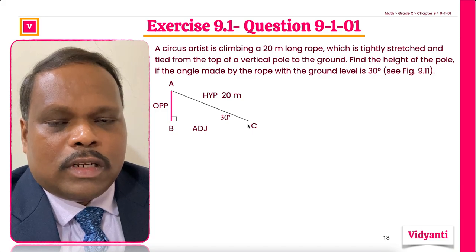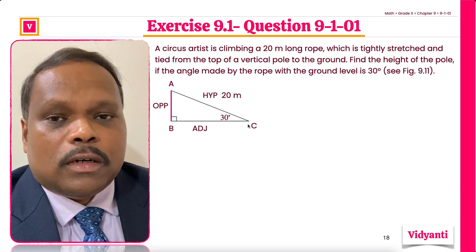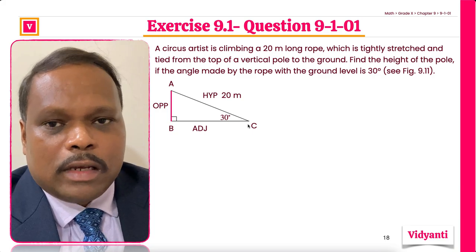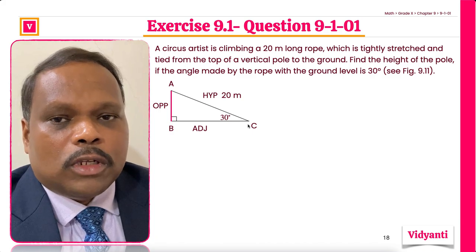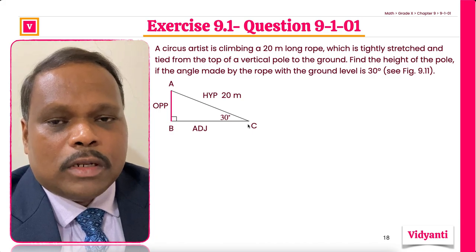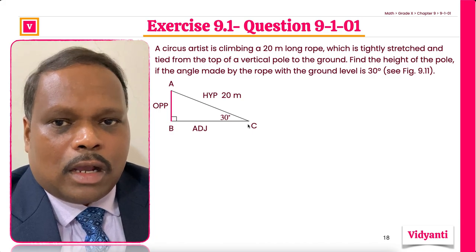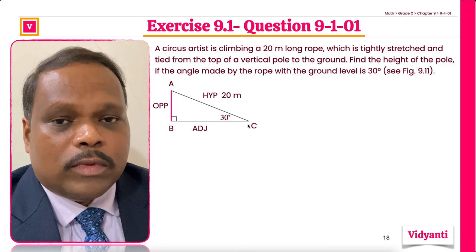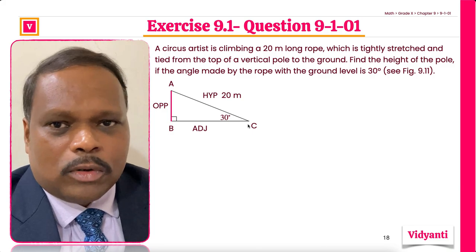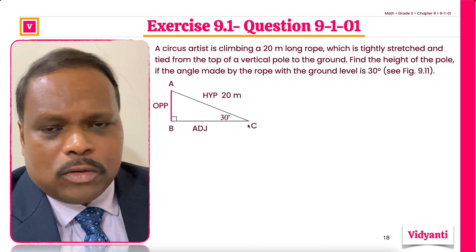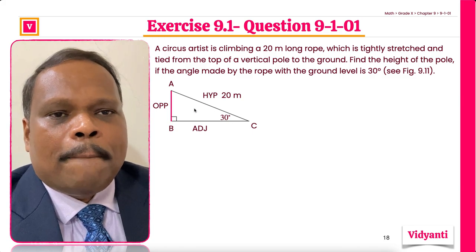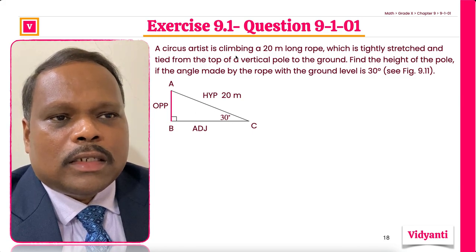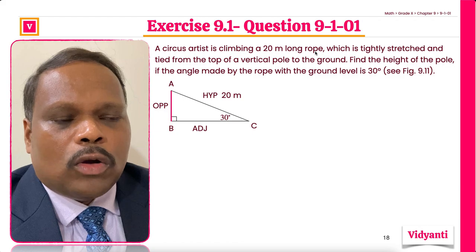The first step is to construct a diagram. If your diagram is correct and according to the given information, then half the question is solved right there. If the diagram is wrong, you'll keep doing unnecessary things and your answer is guaranteed to be wrong.